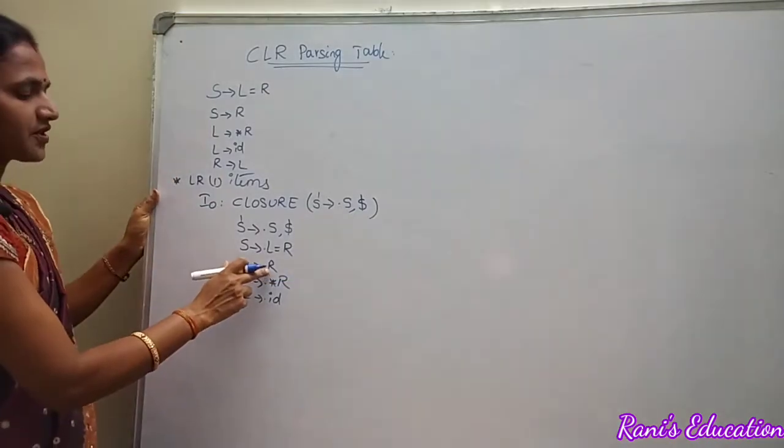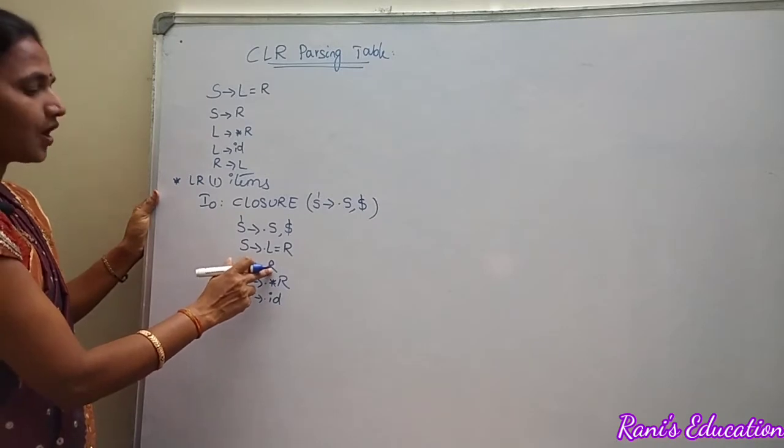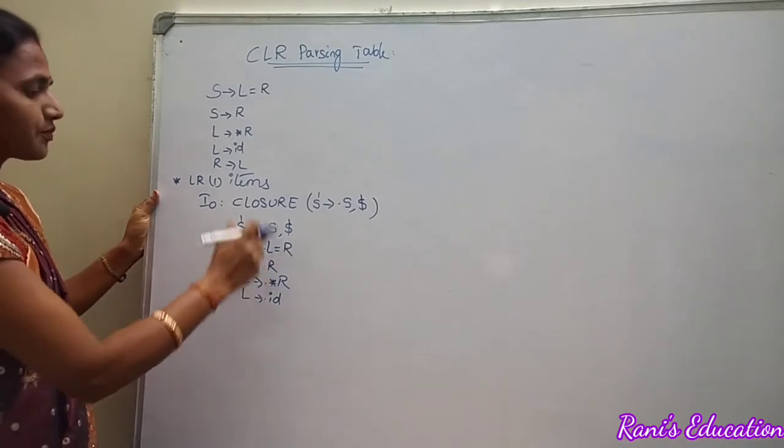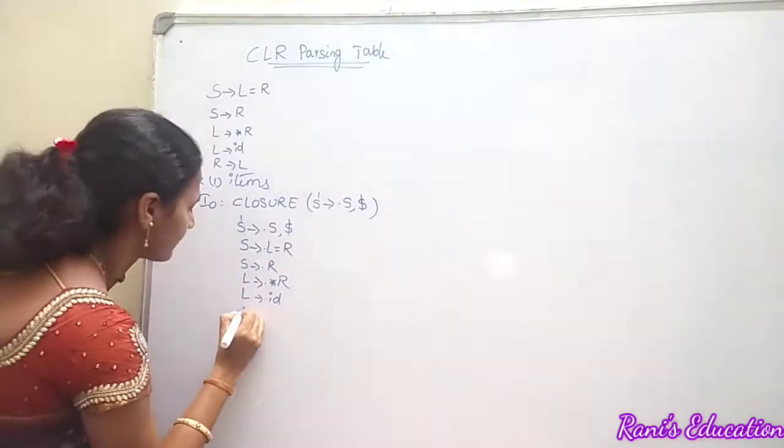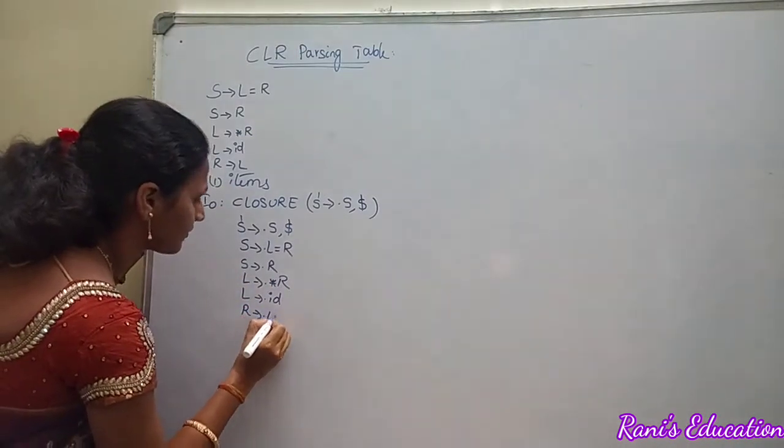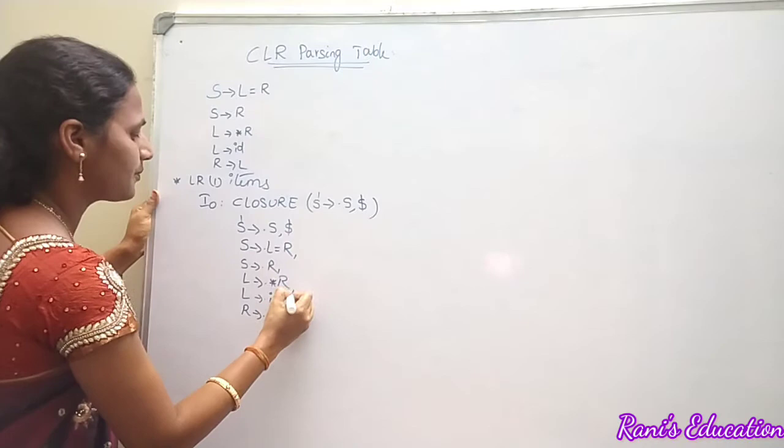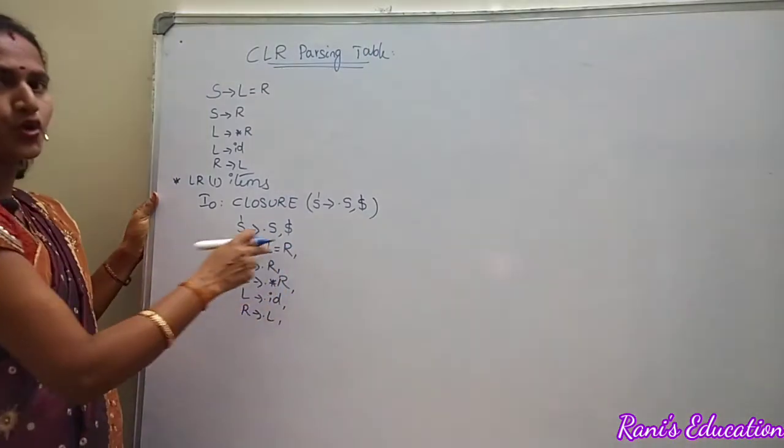In the third production, after dot we have a non-terminal R, so we are going to include all its productions in this I0.